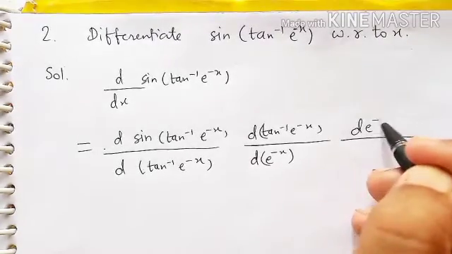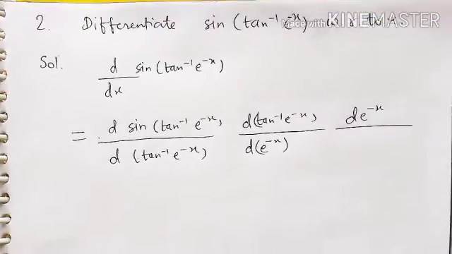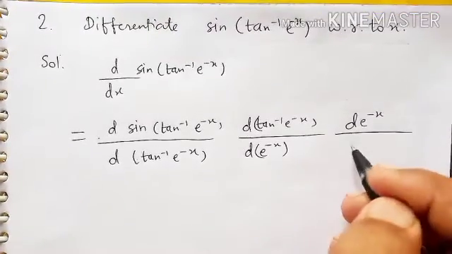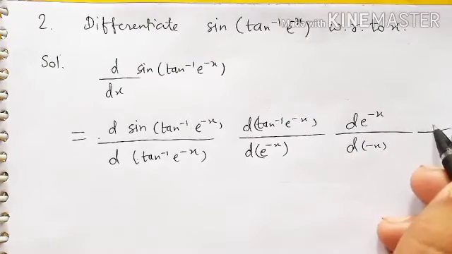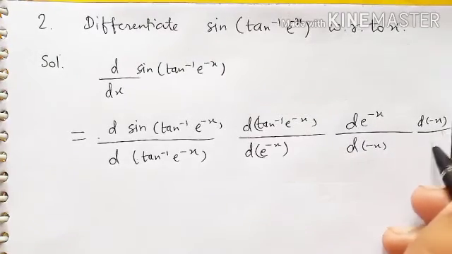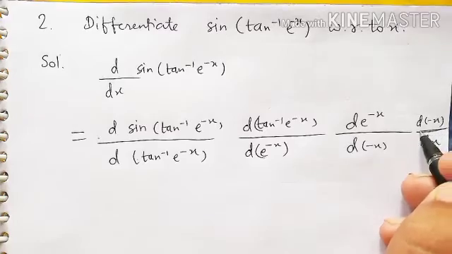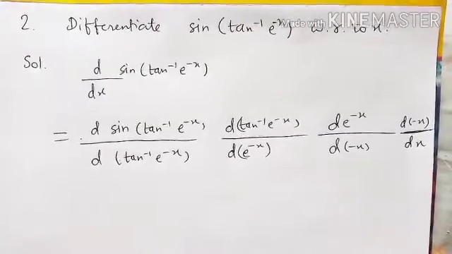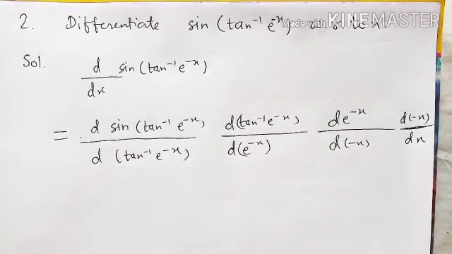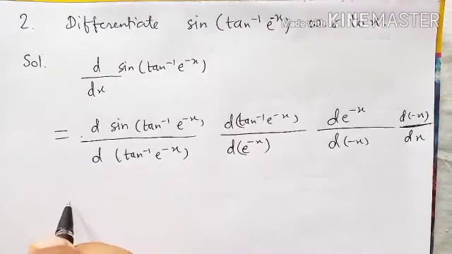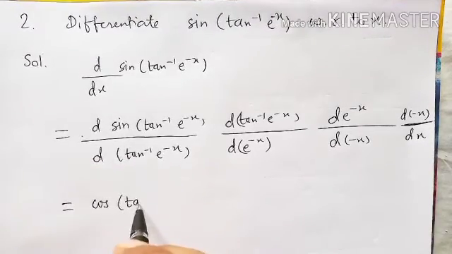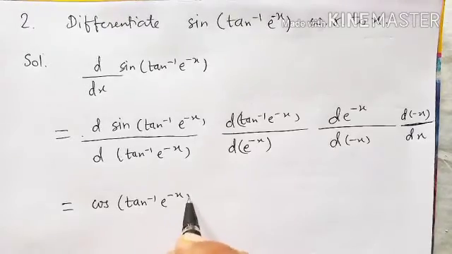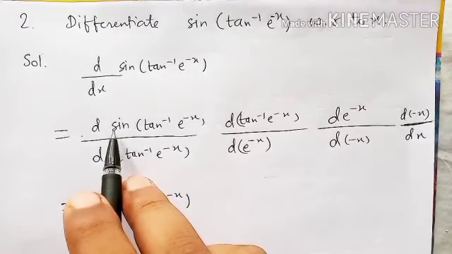Then here we have to write, this is the function of minus x. We have applied the chain rule. Here this becomes cos tan inverse e to the power minus x, because the derivative of sin theta is cos theta.